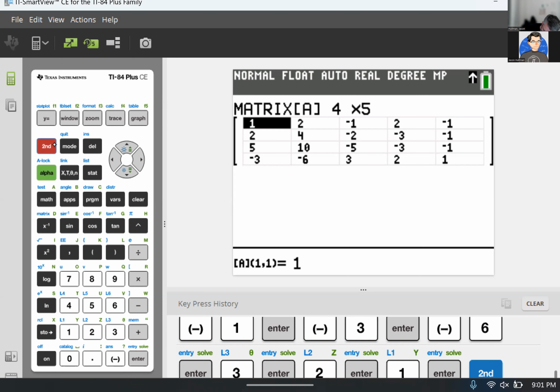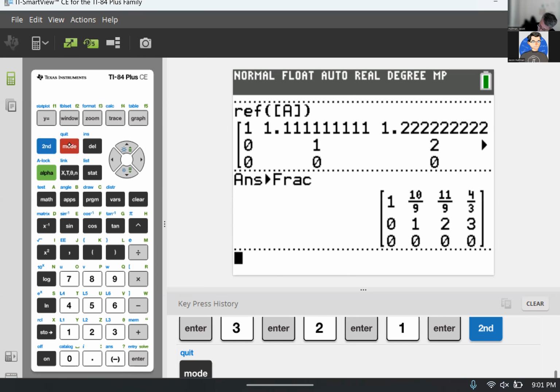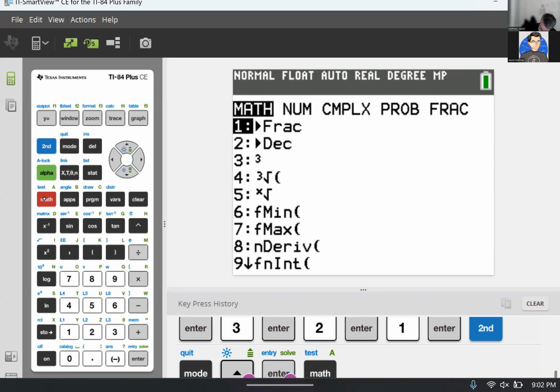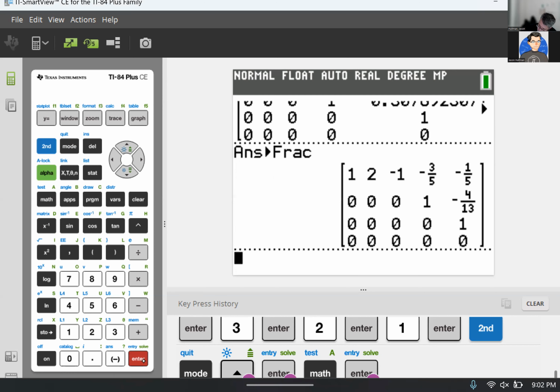Second quit out of that. And I'm going to REF A. So I'm just going to grab it from up here. REF A, boom. And then I'm going to make that fractions, so it's a little more concise. So math, enter, enter, and we get that one.